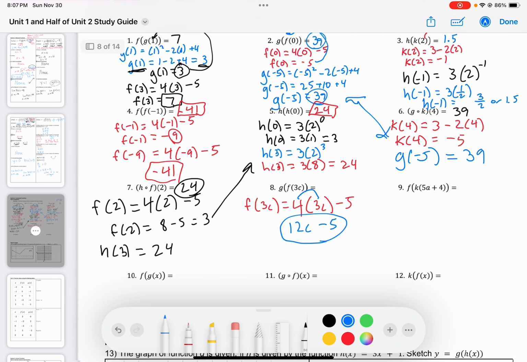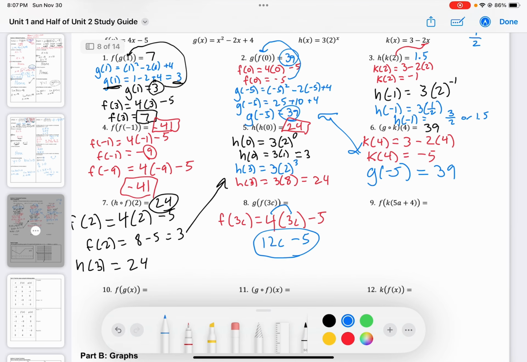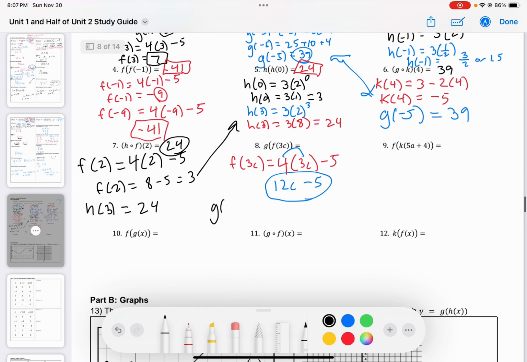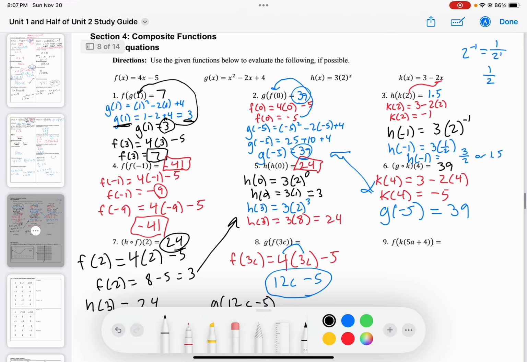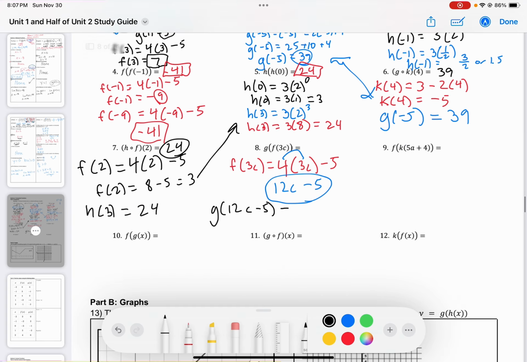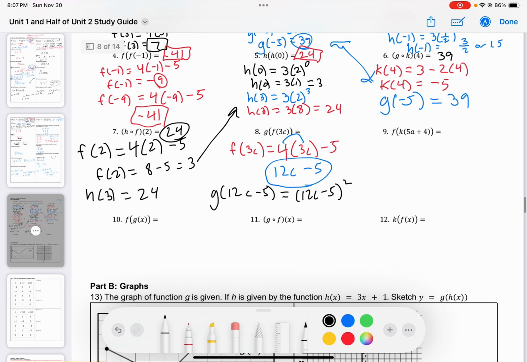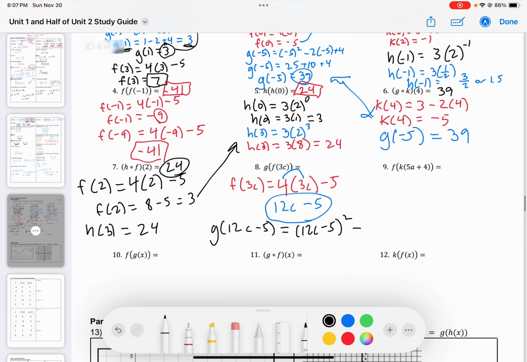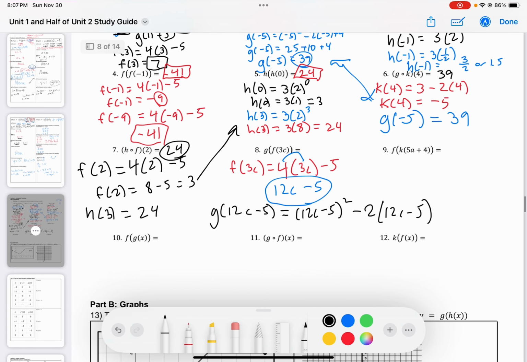Now I got to take all of that and input it into g. Okay, there's not enough space for this. So the g of 12c minus 5 is equal to 12c minus 5 squared minus, we're just going to leave it like this, 2 times 12c minus 5 plus 4.